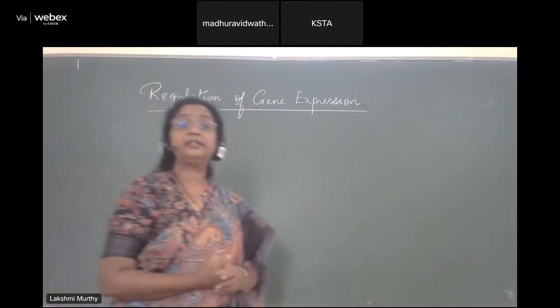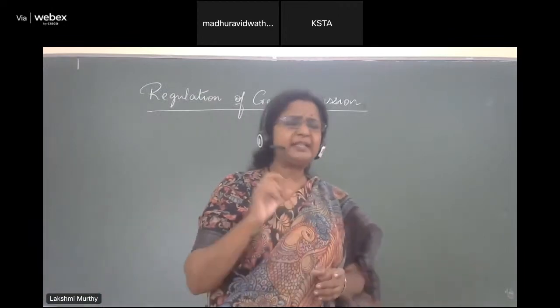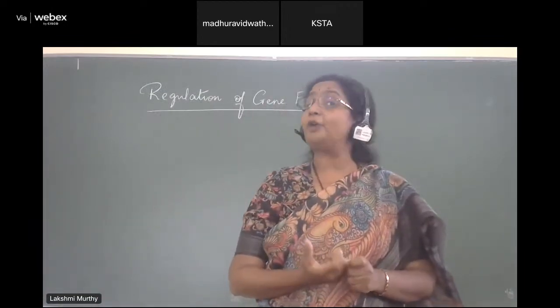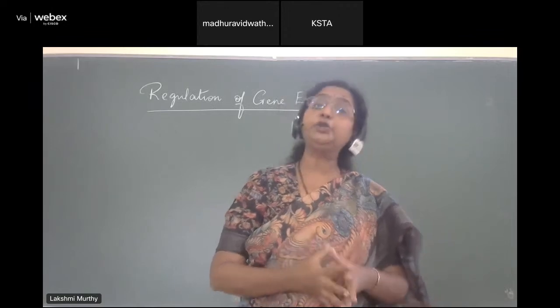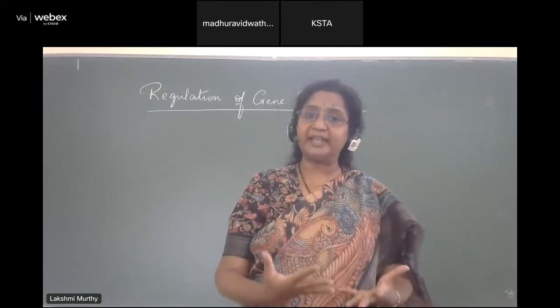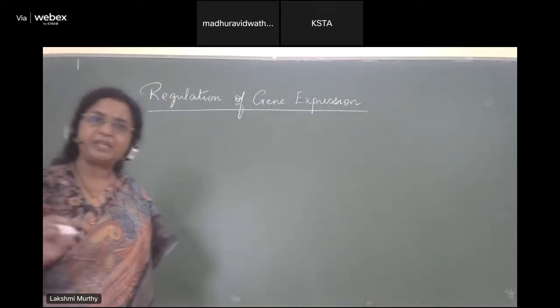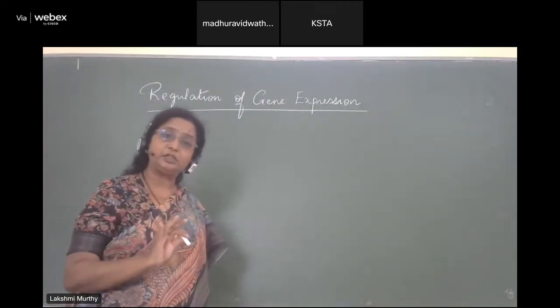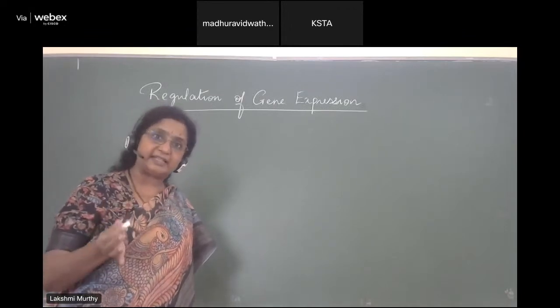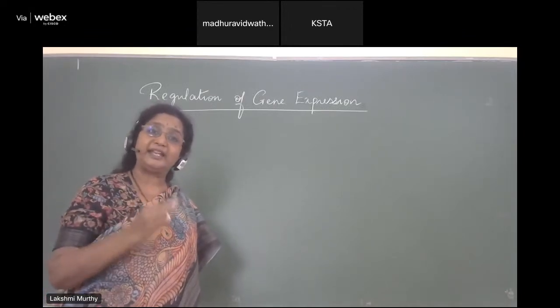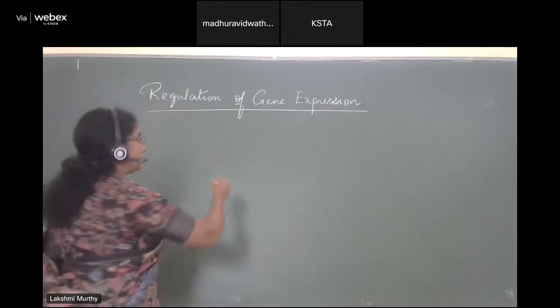In your NCERT book, you would have seen there is a very brief mention about gene expression in eukaryotes. In eukaryotes, a gene is present and we need to regulate it. Gene expression is going to be regulated at 4 levels in eukaryotes.